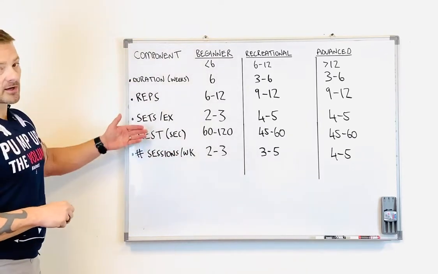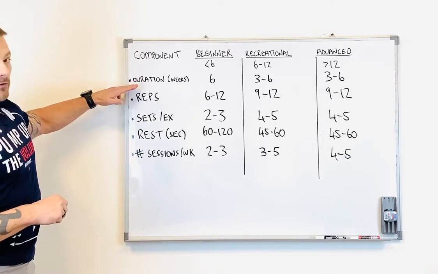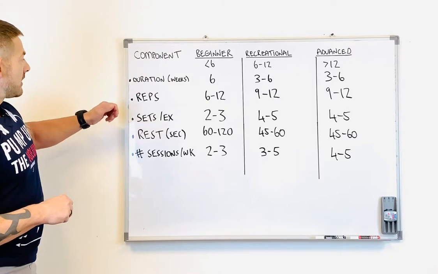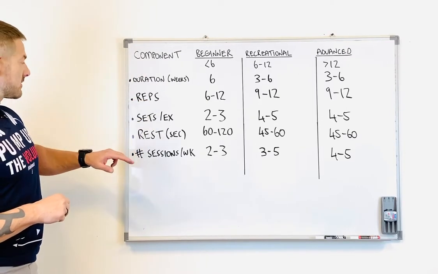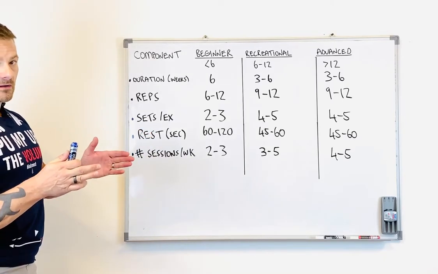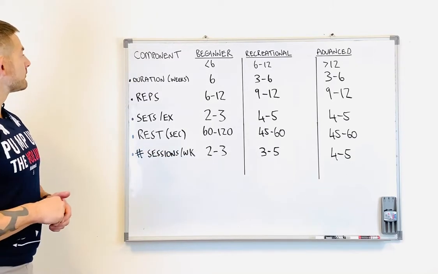The components that we're going to look at today are the duration of the hypertrophy training phase expressed in weeks, repetitions per set, how many sets per exercise, the rest period, which is in seconds, so it's in between sets, and then the number of sessions per week.